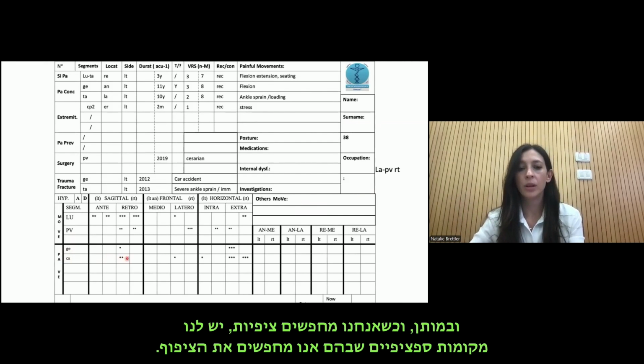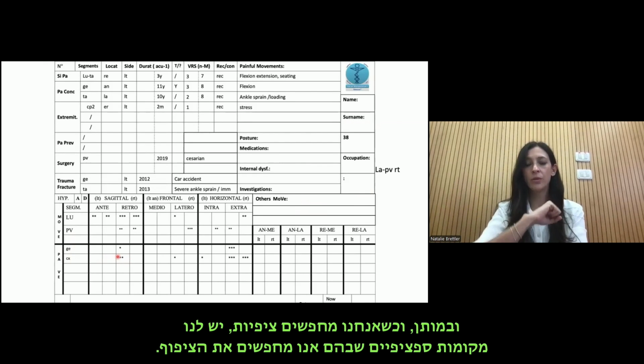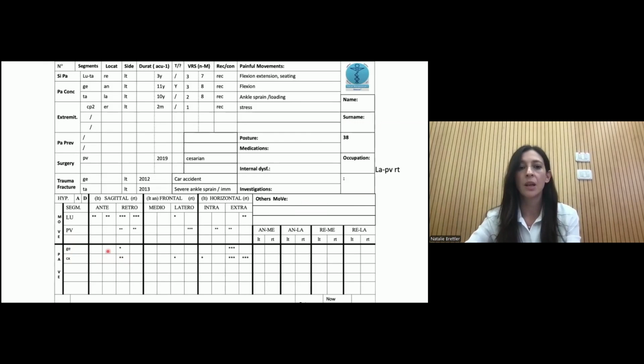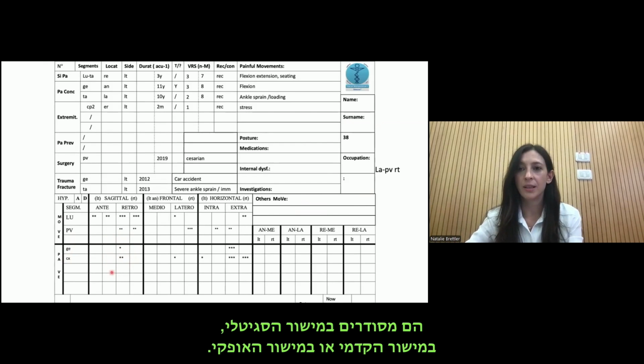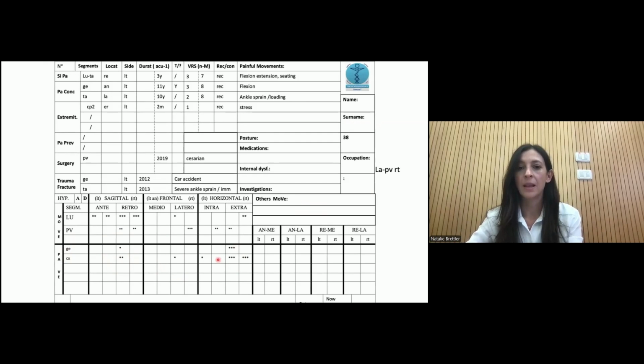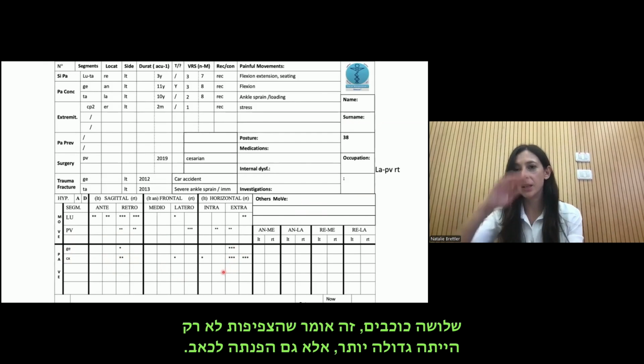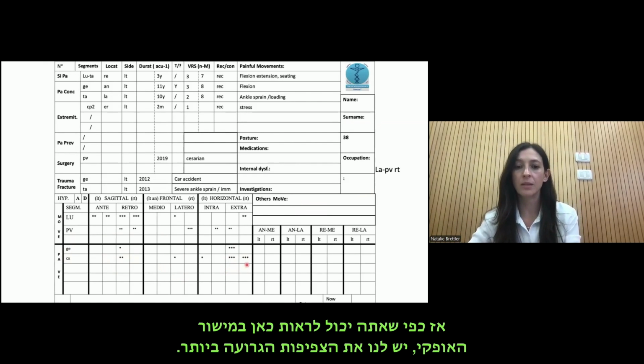And when we're looking for densifications, we have specific places where we look for them. They are arranged in the sagittal plane, frontal plane, or horizontal plane. Three stars means that the densifications were not only bigger, but also referred pain. So as you can see here in the horizontal plane, we have the worst densification.